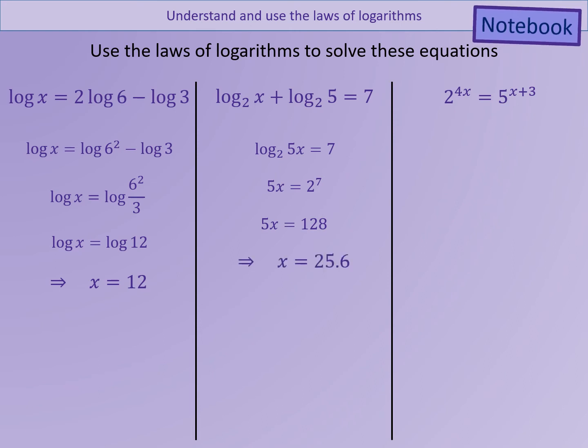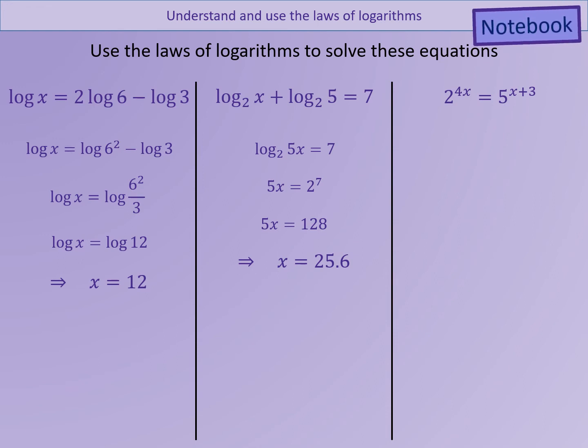And then if I divide by 5, I get 25.6. Now that's not the only way of solving that equation, but if you ended up with 25.6 as your answer, then you know you are okay with your method. And we will discuss other methods later on in another exercise.